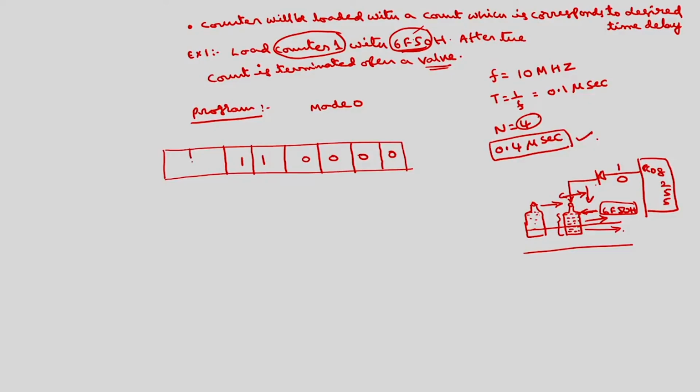Then we have these 2 bits to select the counter. For counter 1, this will be 0 1. 0 0 means counter 0, 0 1 means counter 1, 1 0 means counter 2, 1 1 is illegal here. Okay. So what will be the control word? 70H.